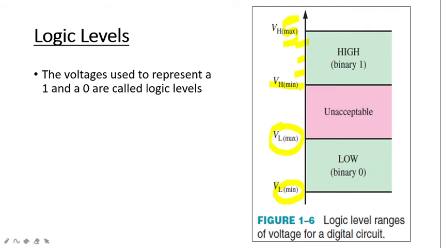We see that a voltage in the unacceptable range can appear either as a high or as a low. It depends on the circuit, and it differs from one circuit to another circuit.